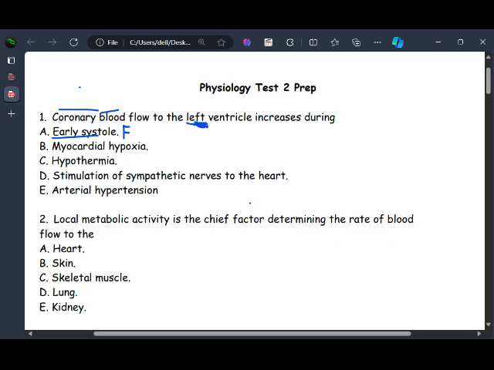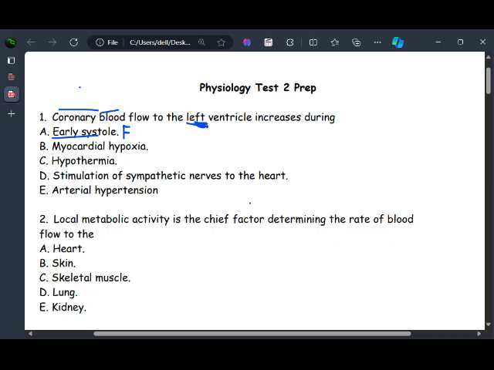So if the ventricles are contracting, in the early stage of that contraction, you have these coronary blood vessels being closed because of the high pressure of the blood that is being pumped out of the heart. All right, so I hope that is clear enough.